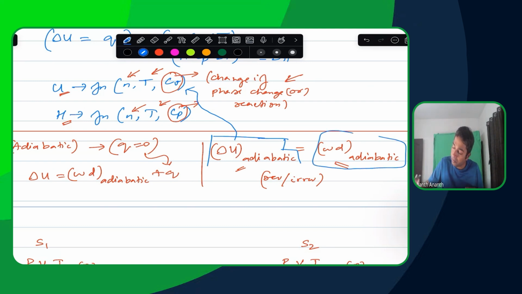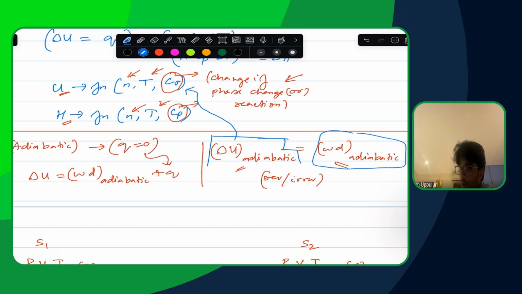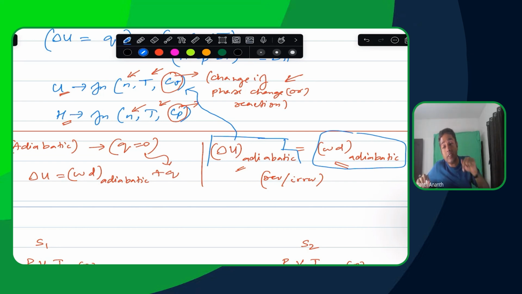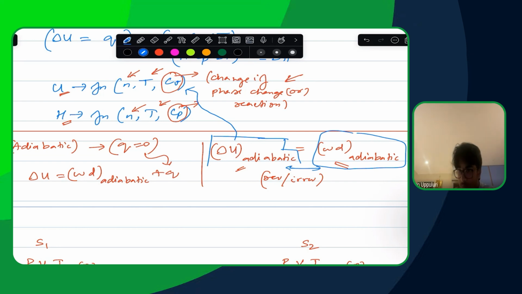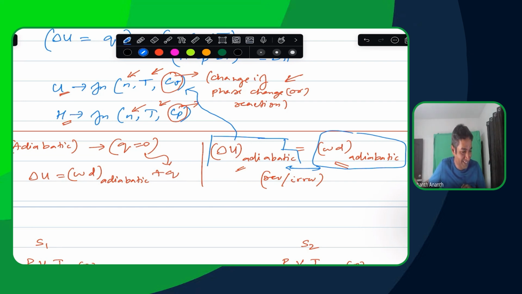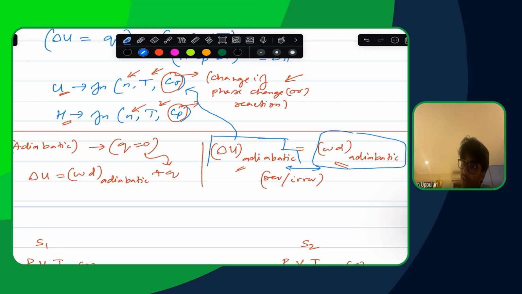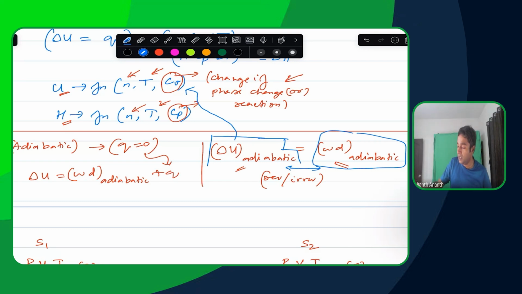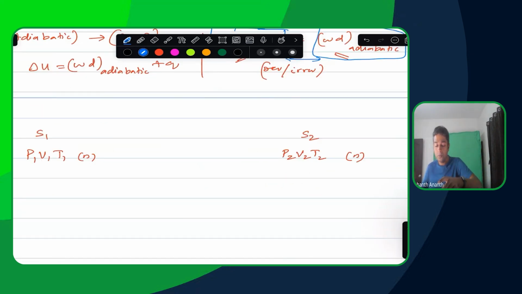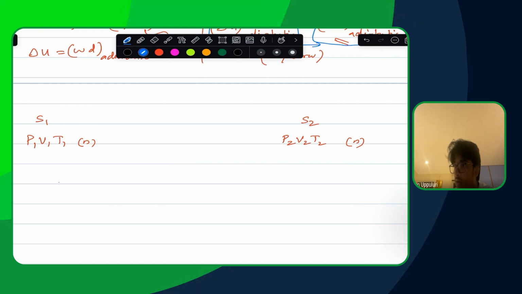That will also work as a way to check if all of what you have done is correct or not. But then why would delta U adiabatic be equal to delta U at constant volume? Think, what is delta U? Change in state.